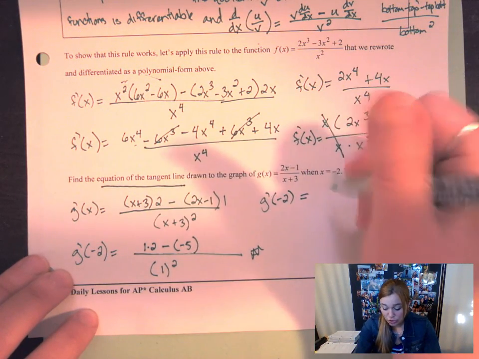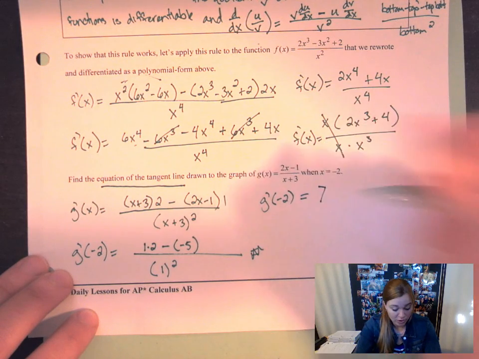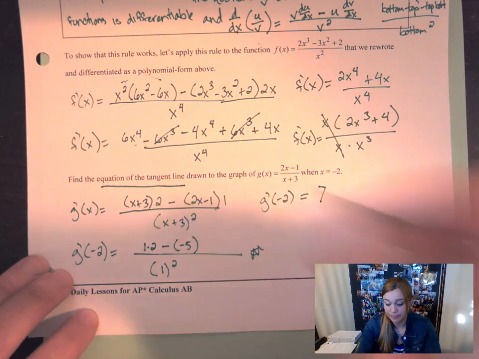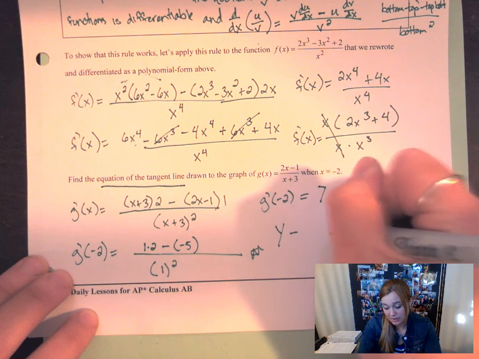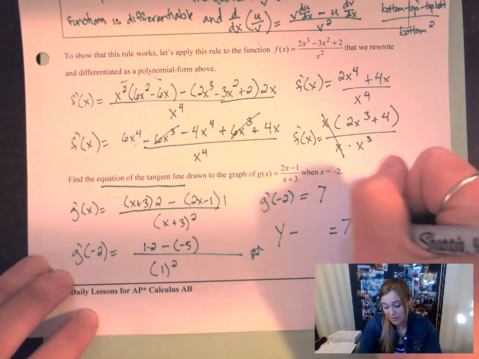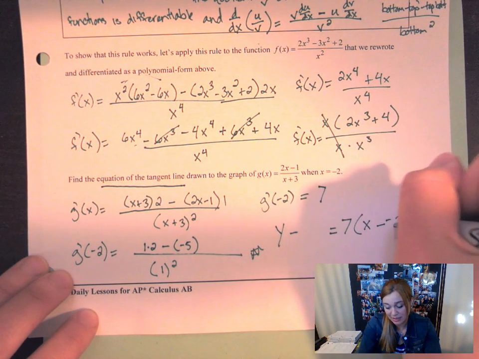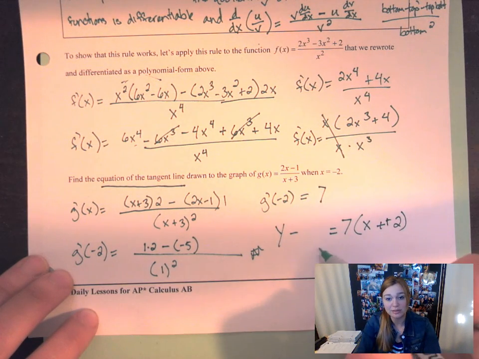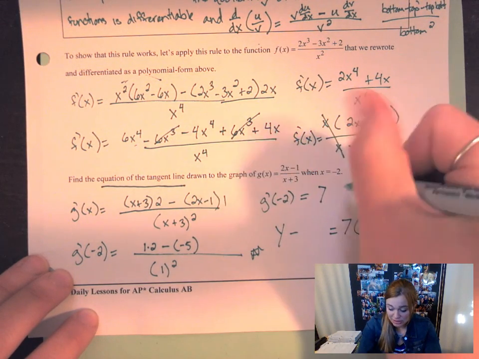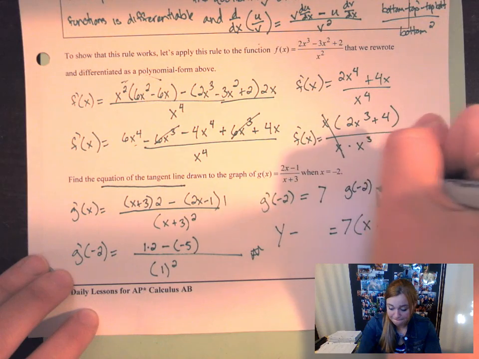This would be 2 plus 5 is 7 over 1, and I get 7 as my slope. So I know y minus y1 is equal to m, which would be 7. X minus x1 would be minus negative 2. All I need now is my point. My point is just going to be g of negative 2.